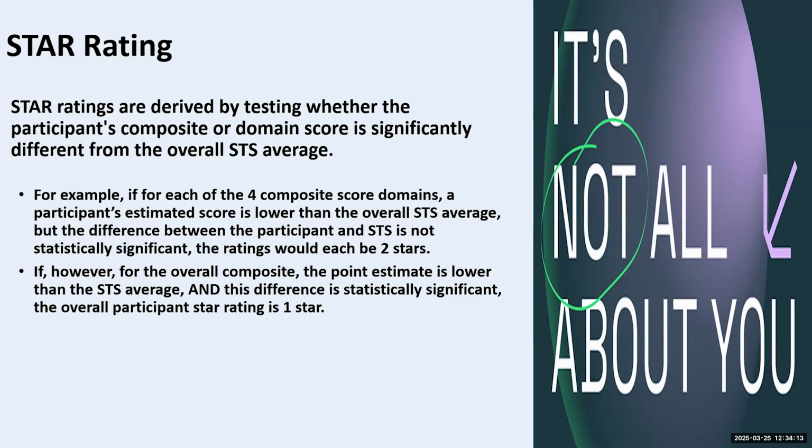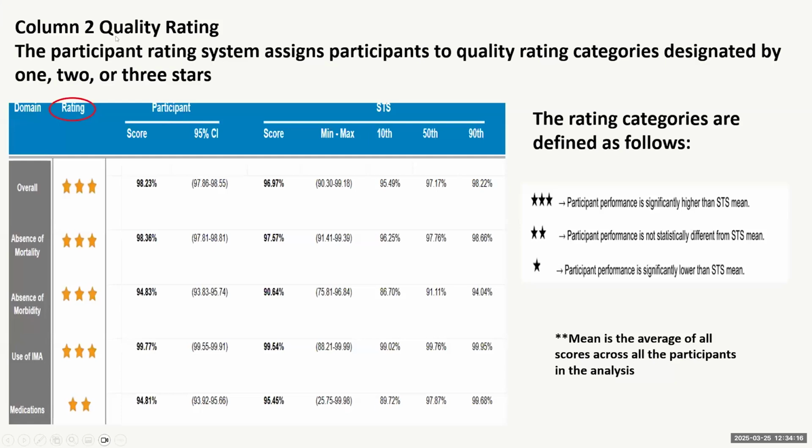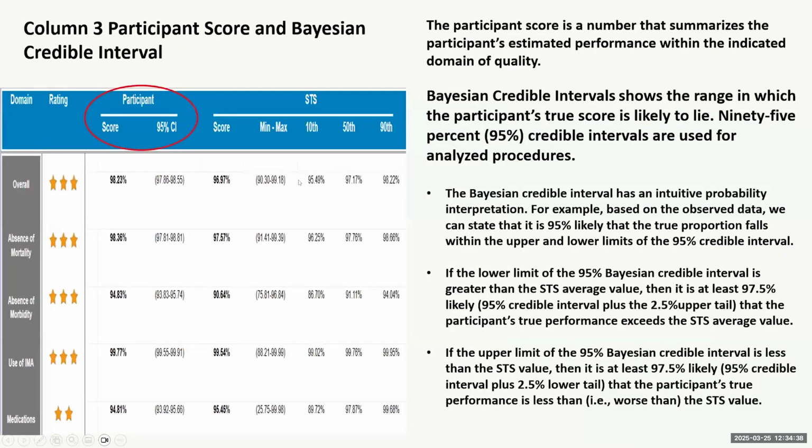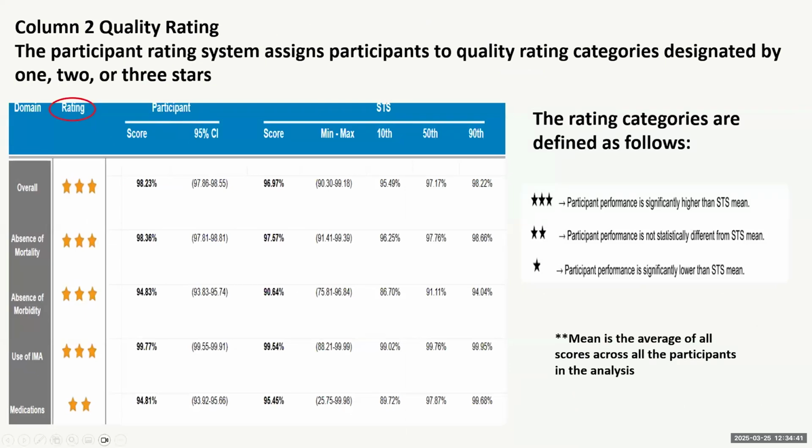As we go through this, column 2 on the rating here is where you're assigned your stars. 3 stars means your performance is significantly higher than the STS mean, and this is the STS mean right here, the score. 2 stars, your participant performance is not statistically different from the STS mean, so you're about the average.